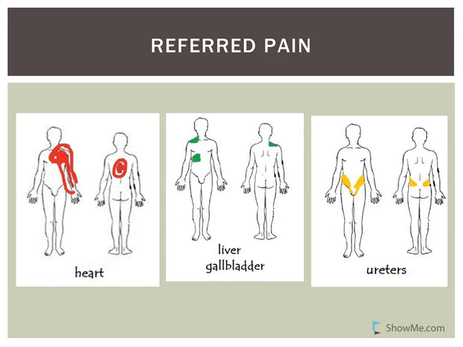You'll notice with the liver and gallbladder, you're not thinking, why is this liver and gallbladder when you've got pain in your right shoulder? So you'd be like, why is that hurting? But you also see it right over here in the upper right quadrant. Ureters, you see a low back, but also down into the groin area. Kidneys, you also see a lot of people with low back pain.